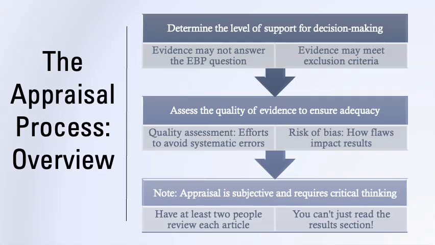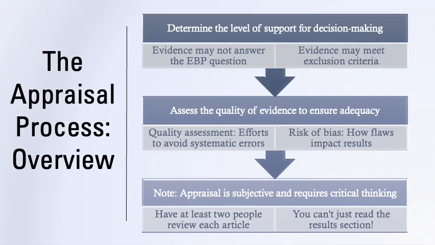In other words, quality assessments look at the efforts made to avoid systematic errors, while risk of bias refers to how the flaws of a study may have impacted study results. Before we move on, I want to note that critical appraisal is subjective, and to do this process well requires advanced critical thinking skills, which is why we will be practicing it throughout this course.